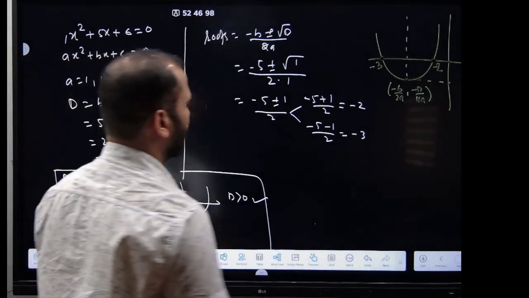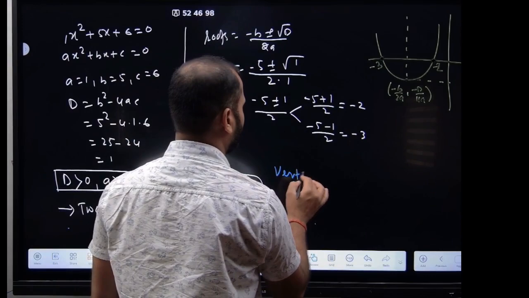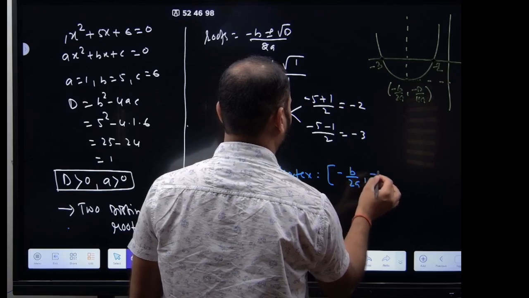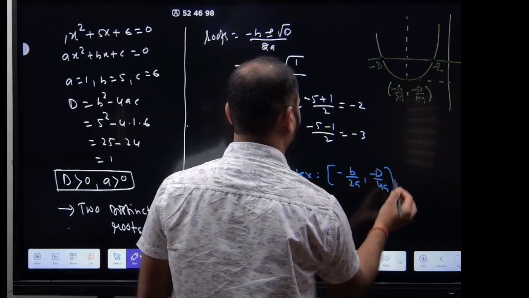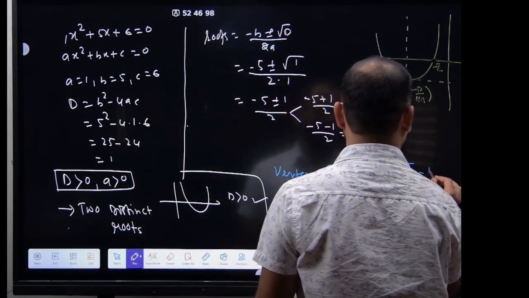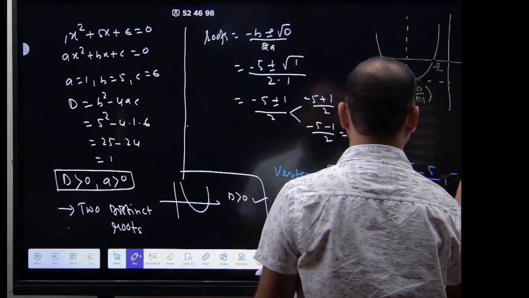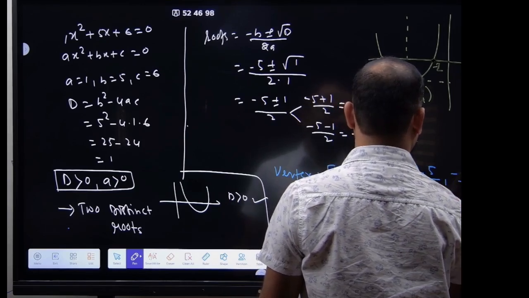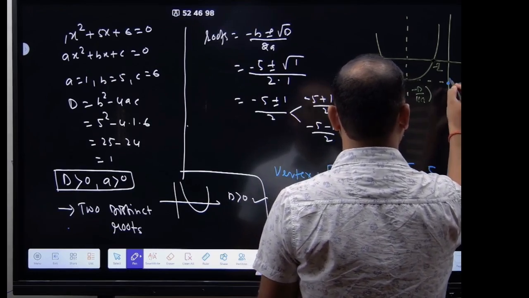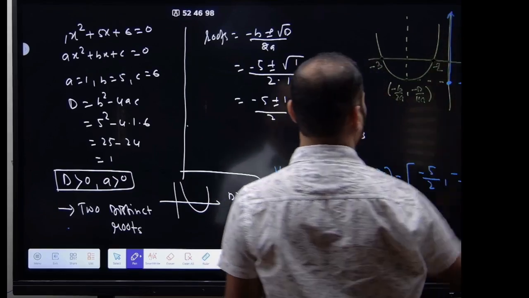The vertex will be minus b by 2a comma minus d by 4a. What will the values be? Minus b is minus 5, so minus 5 divided by 2 comma minus d divided by 4. Am I right? So what is this value? Minus 1 by 4 is the y value, and all larger values are possible.